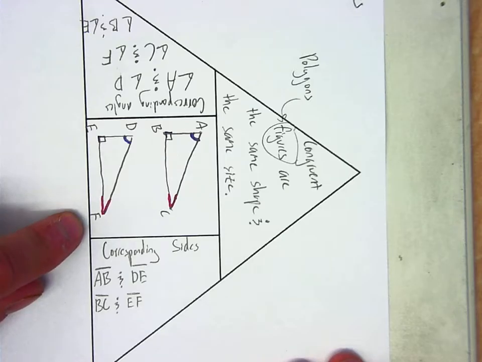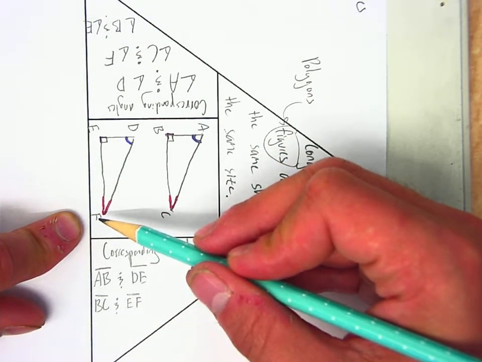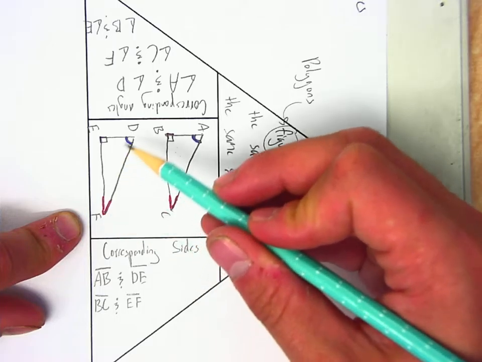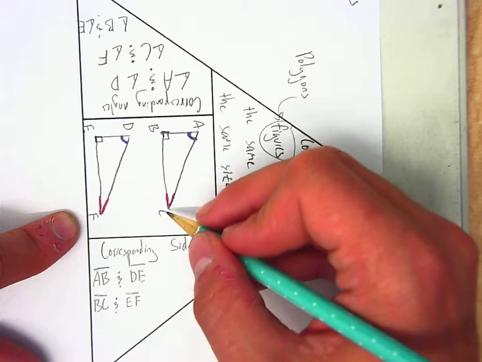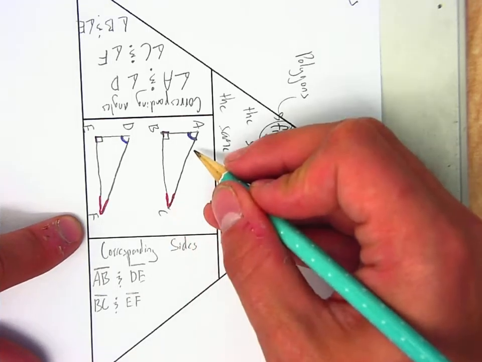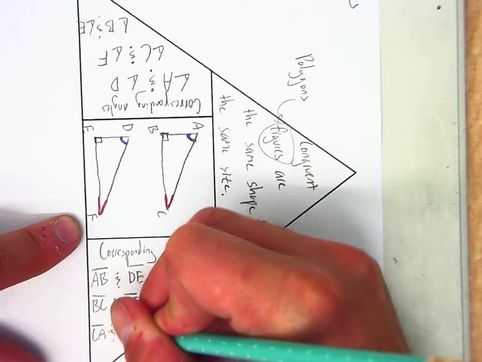And lastly, we have the longest side here. In this case, that's CA and FD.